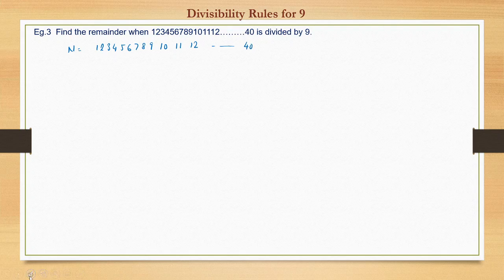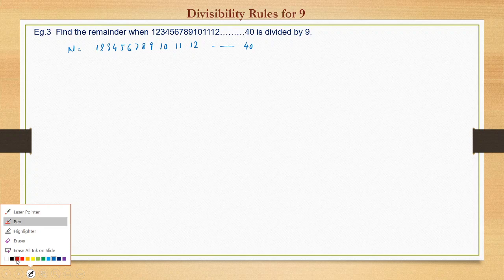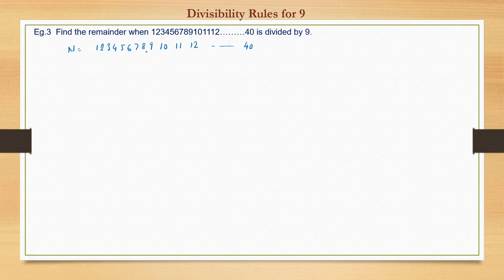So what I do, I first see these single digit numbers 1, 2, 3, 4, 5, 6, 7, 8, 9. That is 9 digits. And I have broken this into two parts.